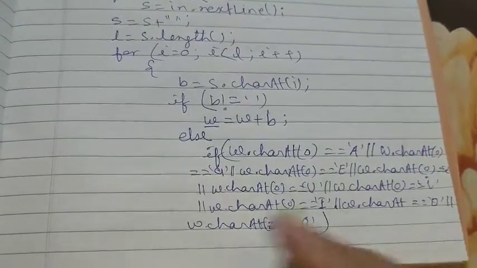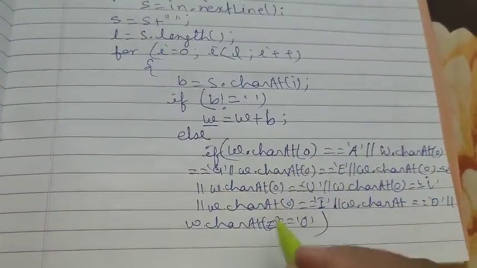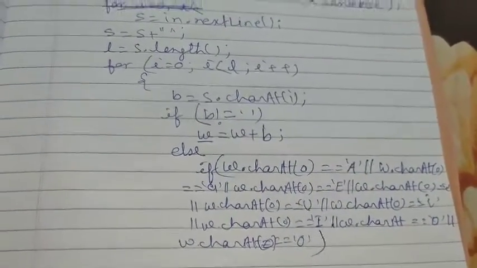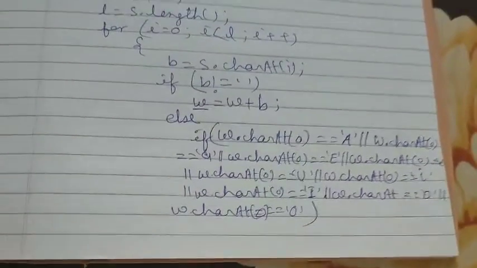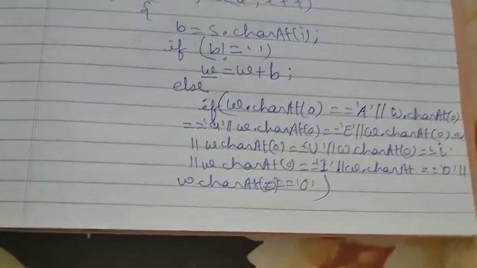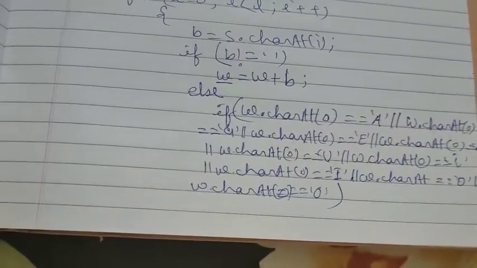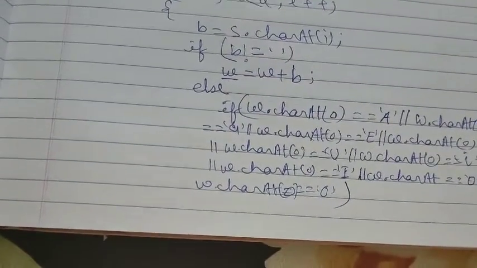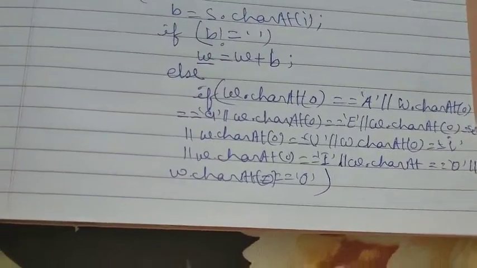So if I check this ten times, I have written the vowels to check. You can take w.charAt(0) in one more variable, like b where we are storing a character, you can take c and store the character, and in place of this long statement you can write if c is equal to A, c is equal to small a, and so on.